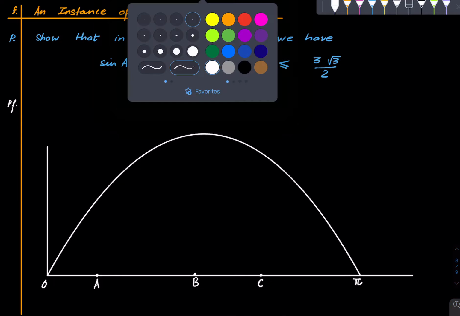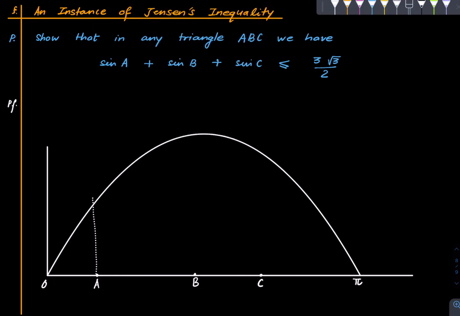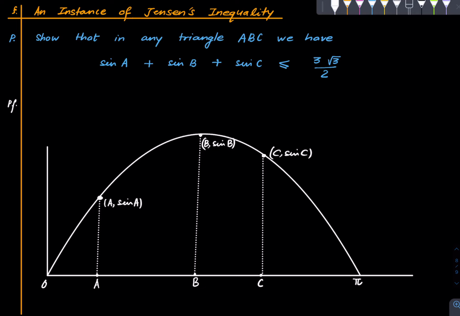So if we go up here, and go up here, and go up here, the coordinate of this point is (A, sine A). This point is (B, sine B), and that is (C, sine C). Right? Just think of this as the coordinate plane.